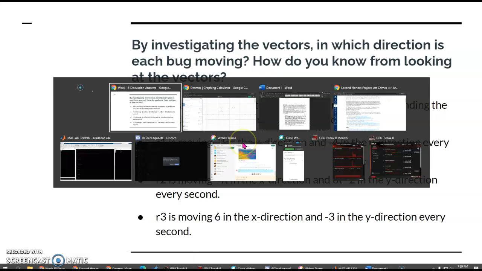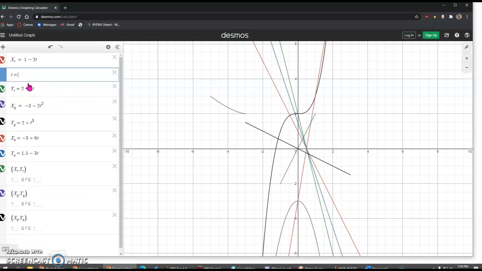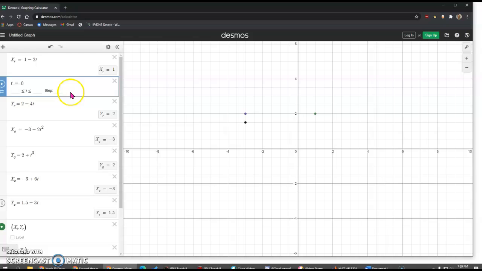Now you can also go back to your plot here and just get a general idea by sliding t. So right here, we see exactly the direction they're going in.